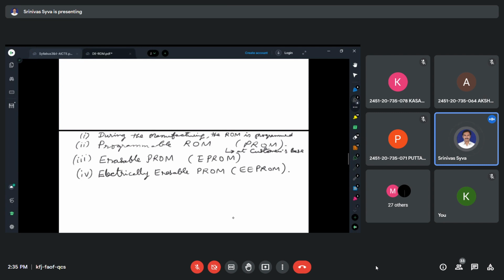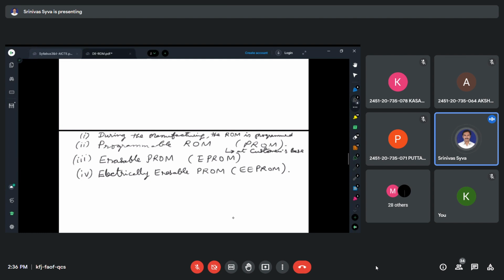Another, fourth type is electrically erasable programmable read-only memory, EEPROM. Here the programmable ROM can be erased with electrical voltage.